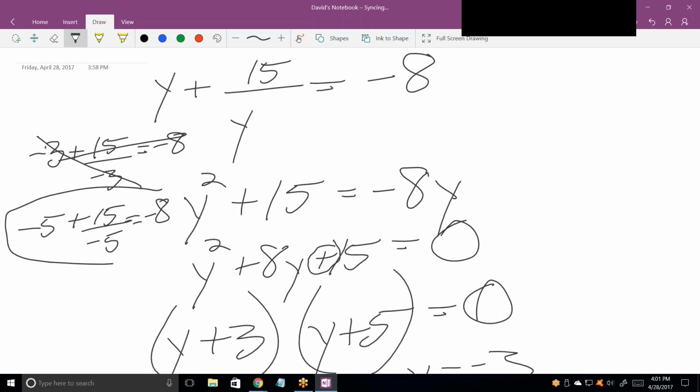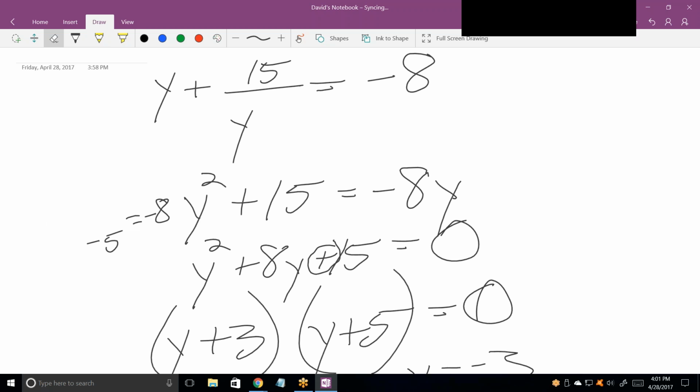Is that equal to -8? Yes. Now, typically when you have polynomials, I'm not sure I've ever found one where one of them didn't work. In other words, where you have extraneous solutions. They don't come from these kind of equations. They come, like I said, when you have a radical sign in the equation, or an absolute value sign, or if it's a logarithmic equation, or if it's a measurement.